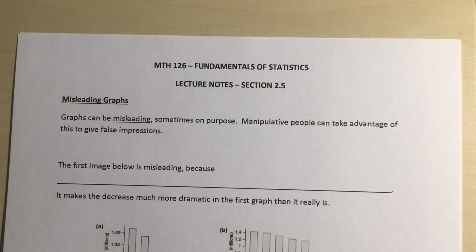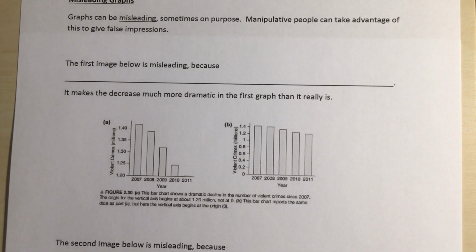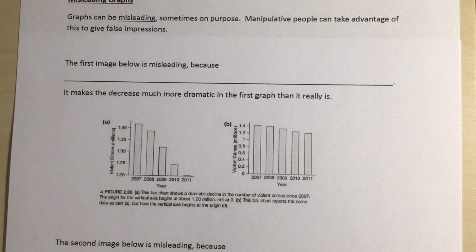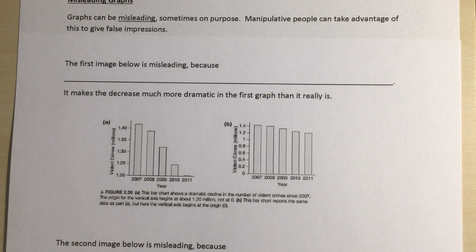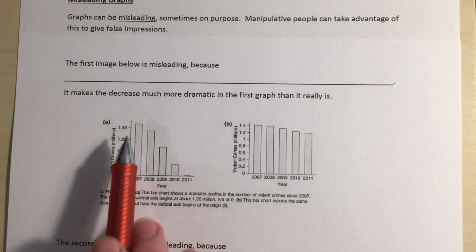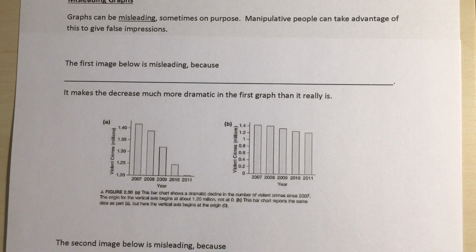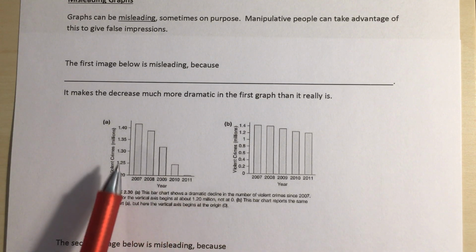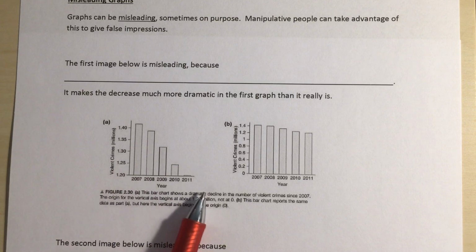The first image here is misleading because this is showing the same information, but our axes along the left are very, very different. If we look at this one here, it looks like things have dramatically decreased.